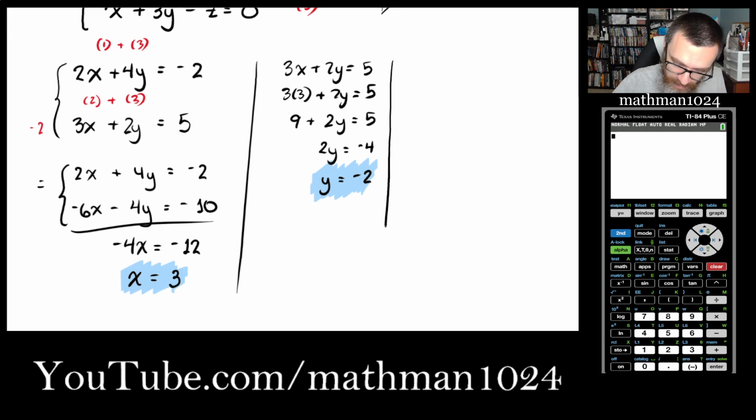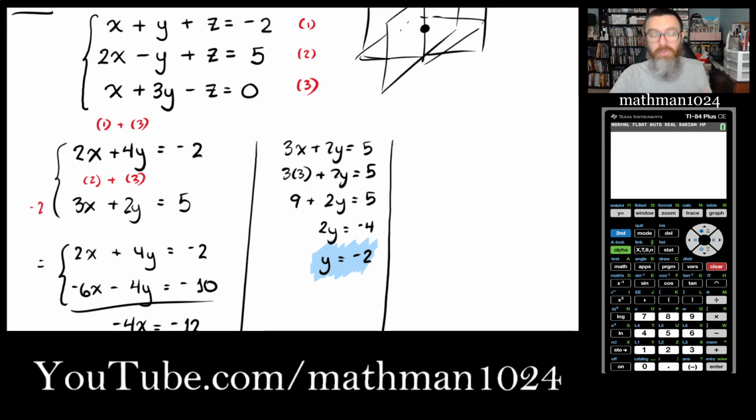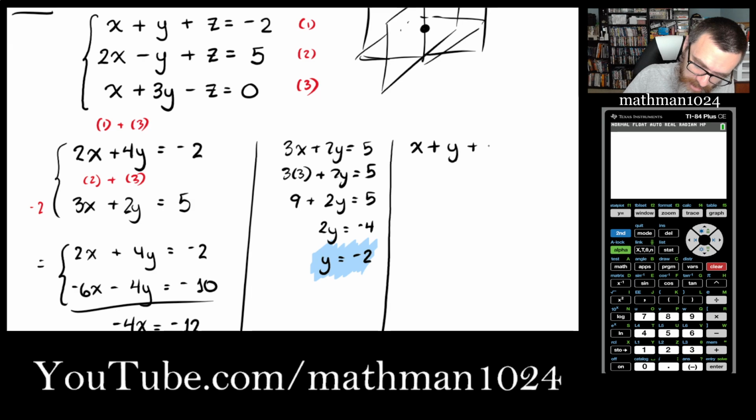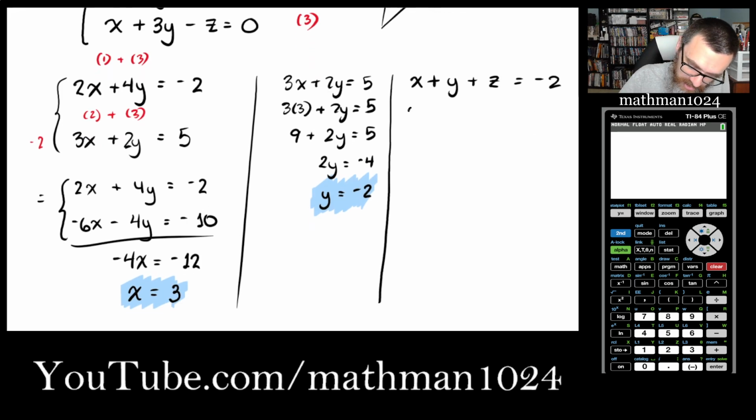The last thing we need to do is figure out what z is, and it doesn't matter which of these equations you choose. For me, I'm going to choose the top equation. It looks pretty simple, x plus y plus z equals negative 2. So we have x is equal to 3, y equals negative 2.